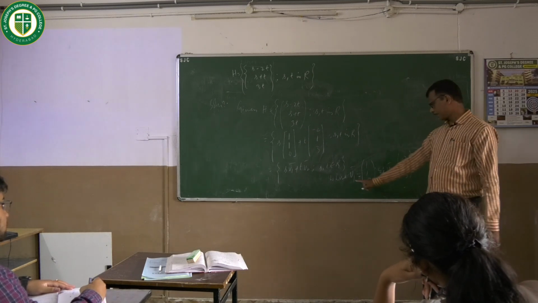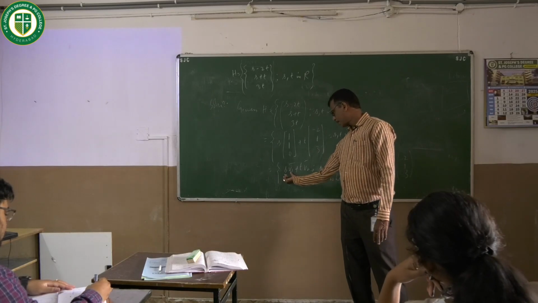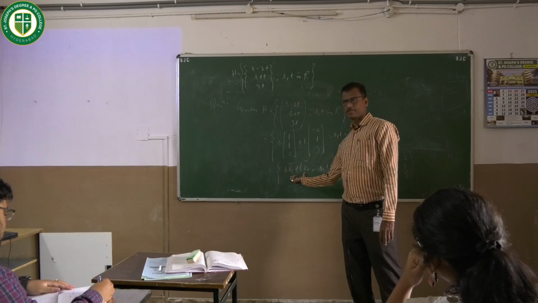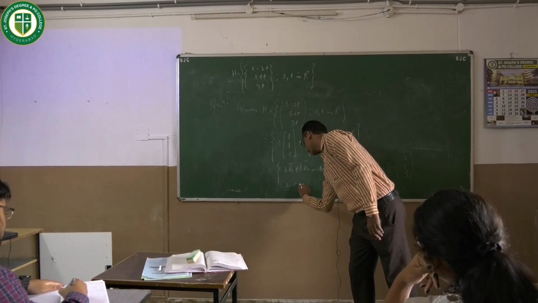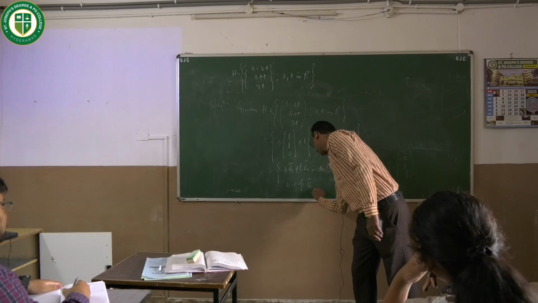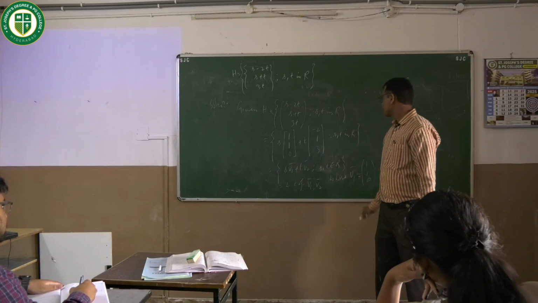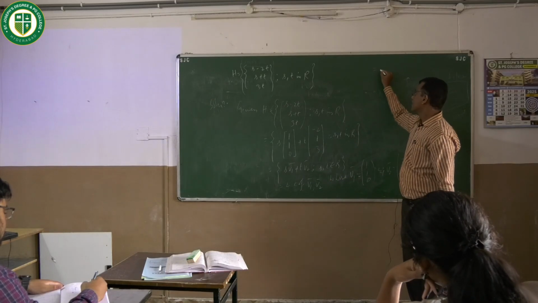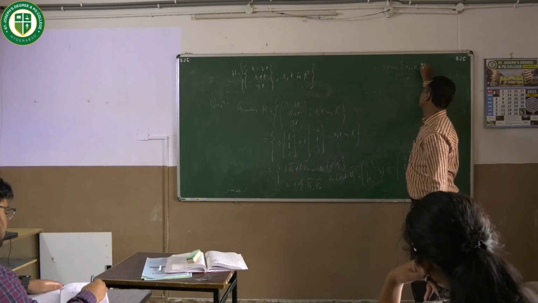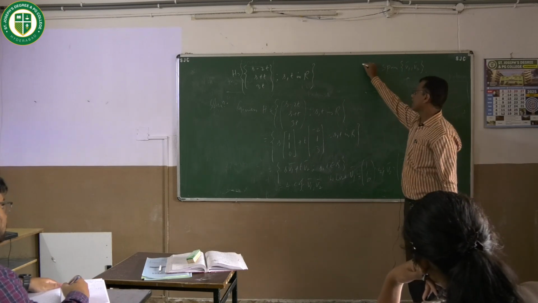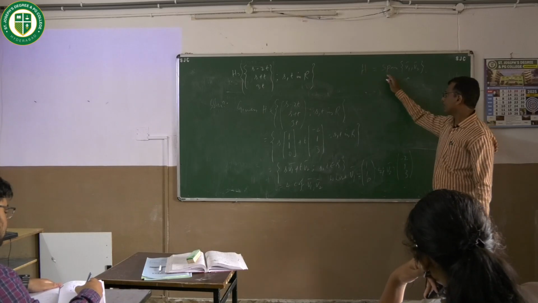This is called a linear combination of the two vectors V1 bar, V2 bar. So H is equal to the span of the set {V1 bar, V2 bar}. H is equal to the span of two vectors.